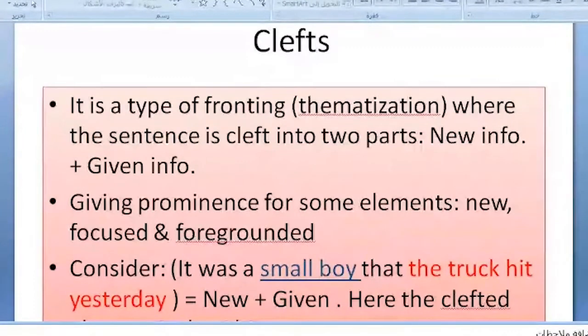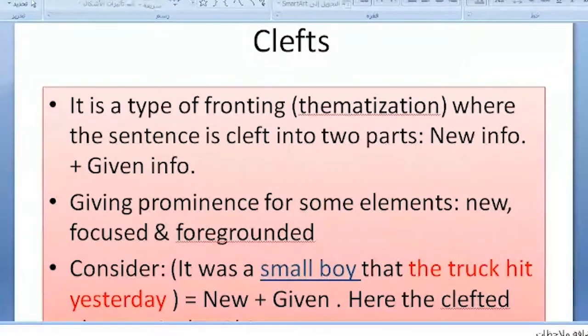Out of the examples taken previously regarding it-clefting, we have seen that the new information goes first. When I say it goes first, it means I use it in the first part after the verb to be. In Wh-clefting, the picture is different, and we will see.